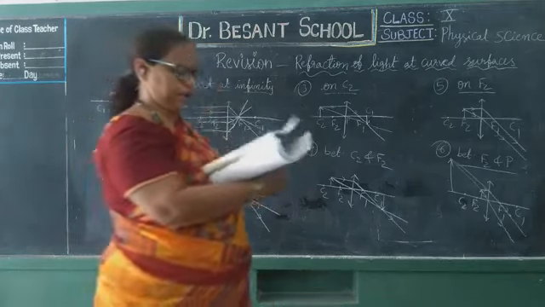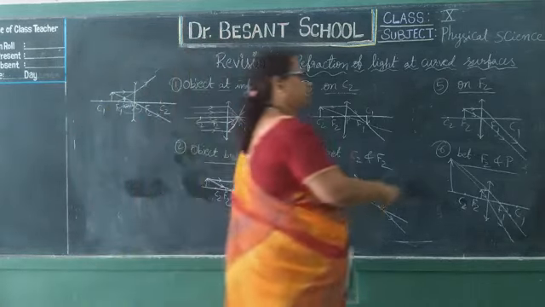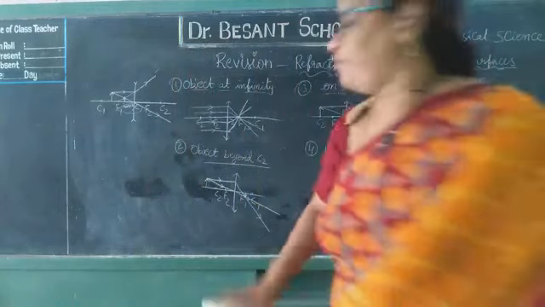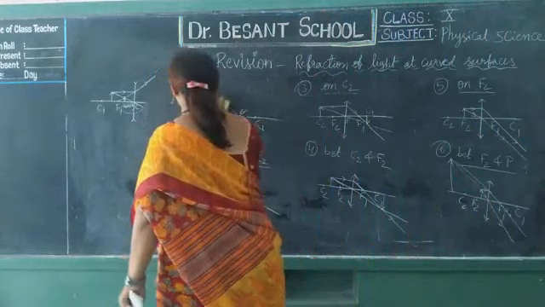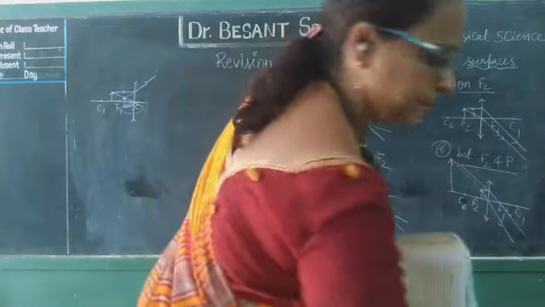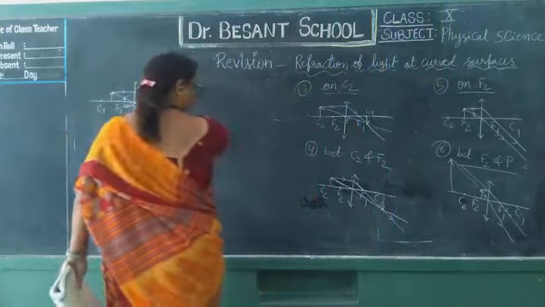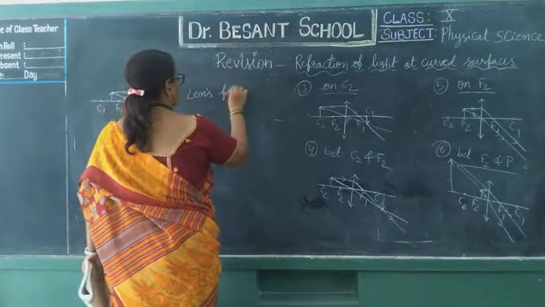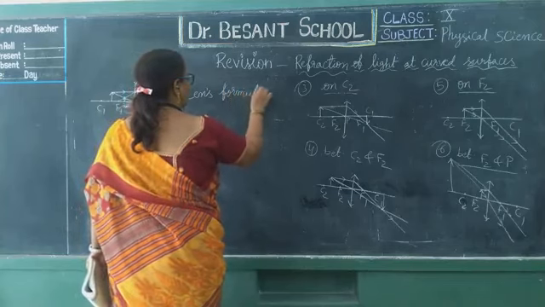What is the lens formula? 1 by V minus 1 by U equal to 1 by F. That is the lens formula.